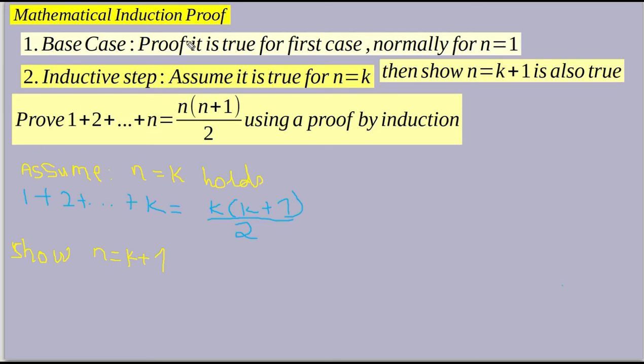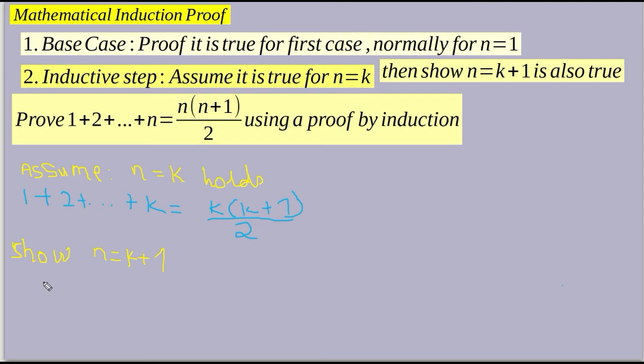We've shown in the first step, the base case, that this was true when n was 1. Now we made an assumption, and now we are going to show that n equal to k plus 1 is also true for this statement or equation here.